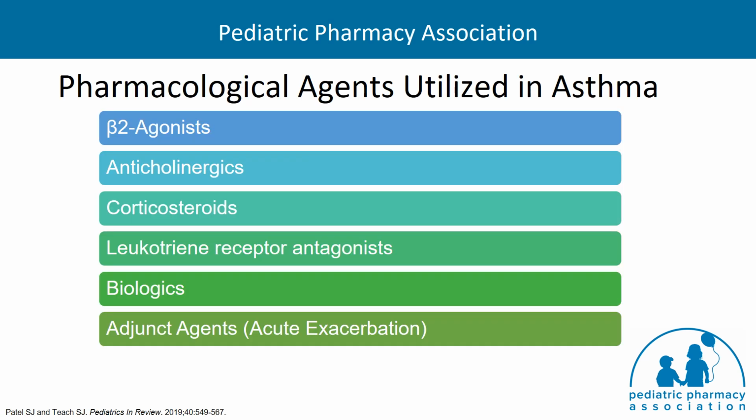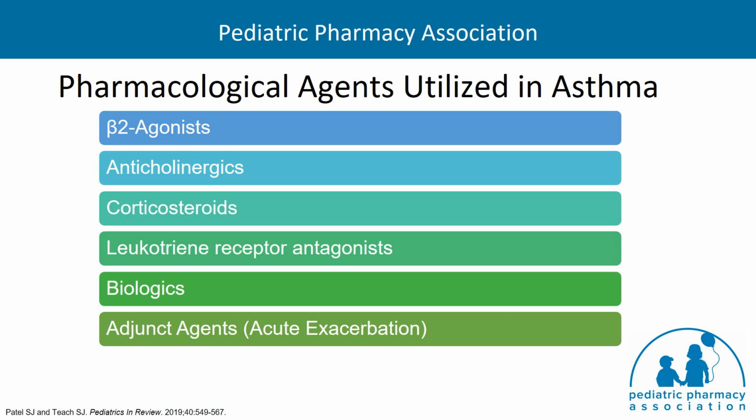In the management of pediatric asthma, there are different classes of pharmacologic agents that can be utilized. The combination of these agents from different classes will be tailored to the individual patient depending on that patient's severity as well as comorbidities. These classes include the beta-2 agonists, both short-acting and long-acting, anticholinergic agents, again both short-acting and long-acting, corticosteroids.